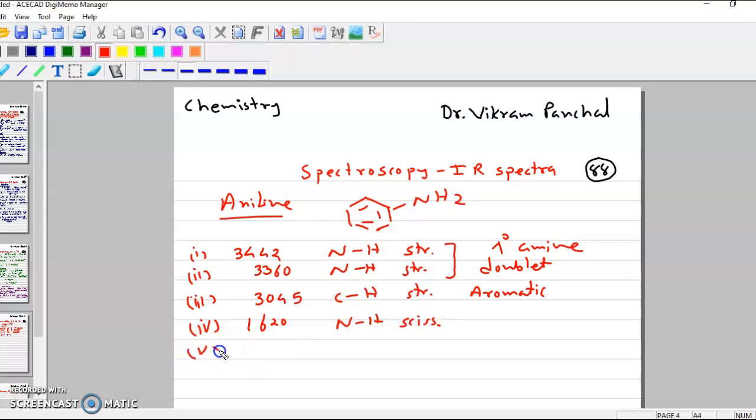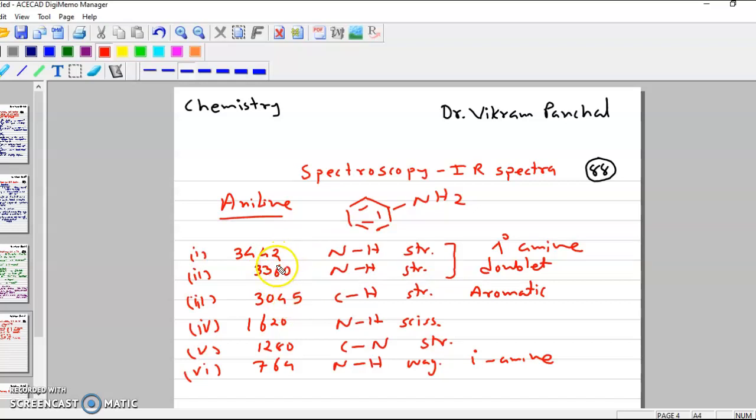The next band will be at 1280 centimeter inverse. It is because of C single bond N stretching. And the last band will be at 764. This is due to NH wagging, and that is considered primary amine. So this way aniline has this type of bands, and this way you can identify the given compound.